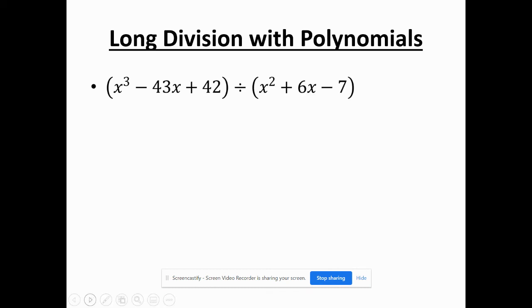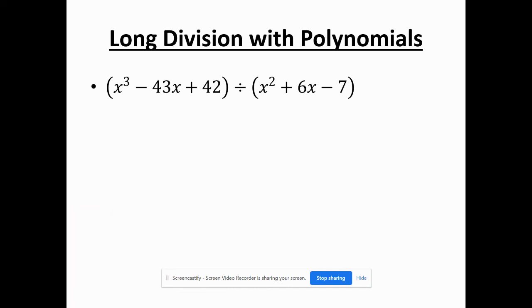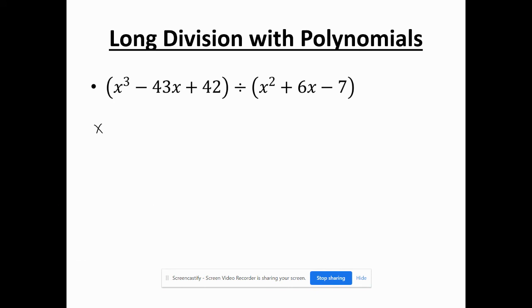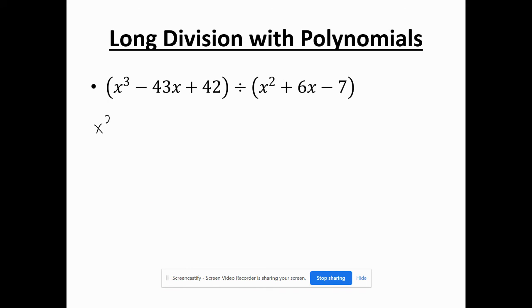All right, so a little bit harder, right? Because we're not dividing by a binomial, we're dividing by a trinomial. But long division still works the same way. By the way, those of you that really dislike what we're doing, there will be a slight shortcut for binomials when you divide by a binomial.